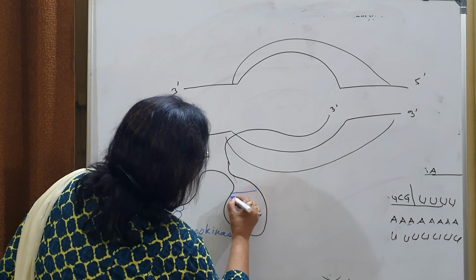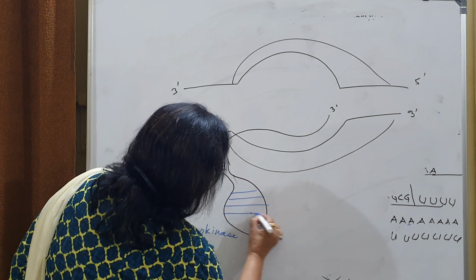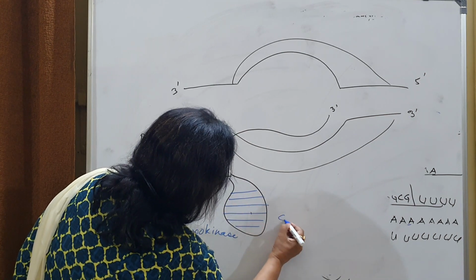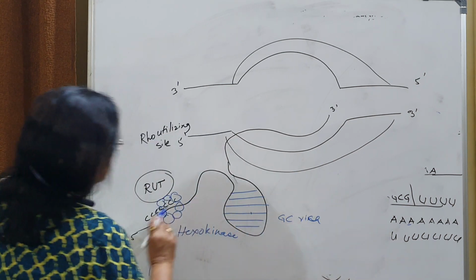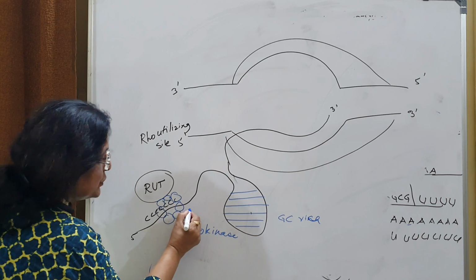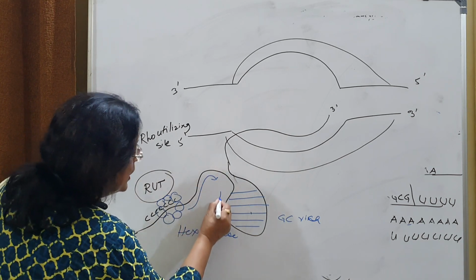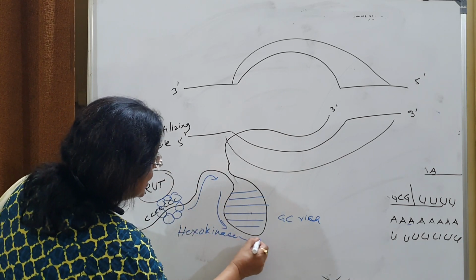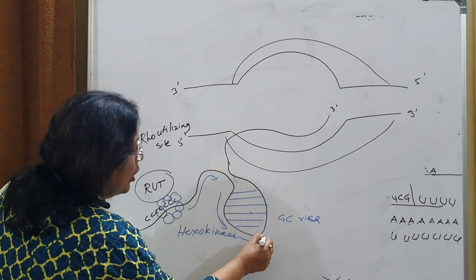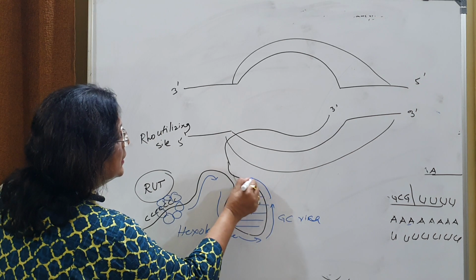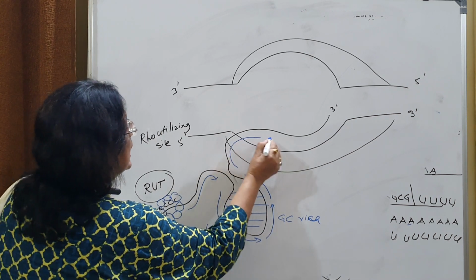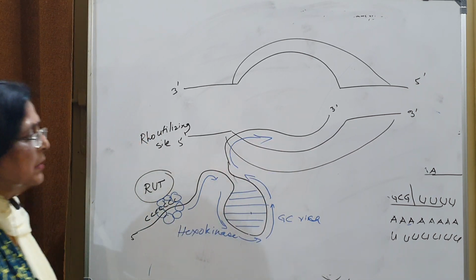There is a bond between the GC rich compound. This Rho, it will start moving towards the polymerase enzyme, and while on its way, it will dissolve the hydrogen bond over here, come upstairs and reach the polymerase.